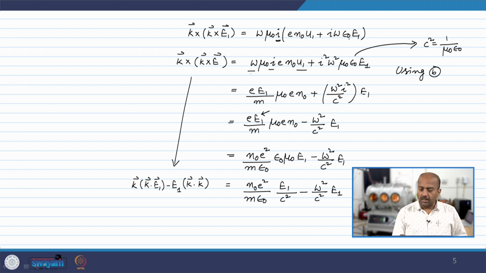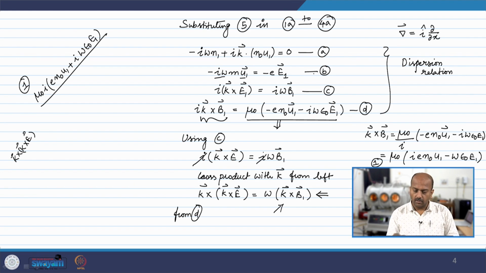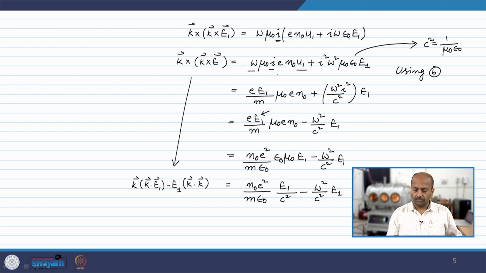Now, I have separated this term, omega times I times U1, from equation B, which is this: omega I U1 is minus e by m E1. Yeah, here it is e by m E1. The rest of it is simple algebra.